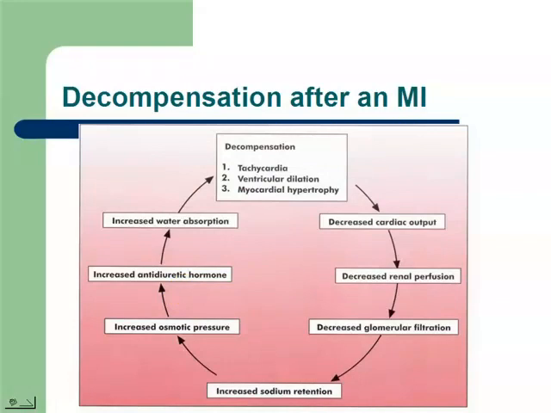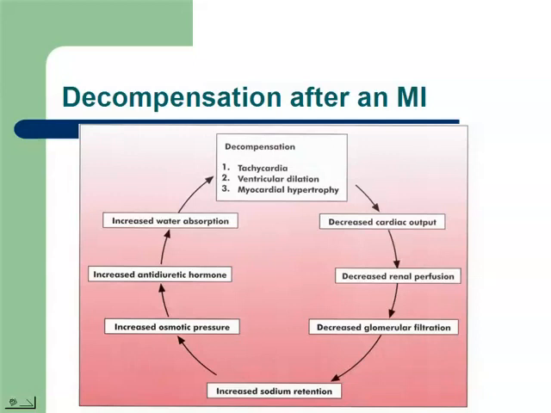After somebody has a heart attack, the heart muscle doesn't function as well. So you have tachycardia, ventricular dilatation, and myocardial hypertrophy. That leads to a decrease in cardiac output, decreased renal perfusion. So you're going to have a decrease in urinary output, decrease in glomerular filtration, an increase in sodium retention because they're going to try and increase volume to compensate. That's going to increase your osmotic pressure, increasing your antidiuretic hormone again to increase volume.